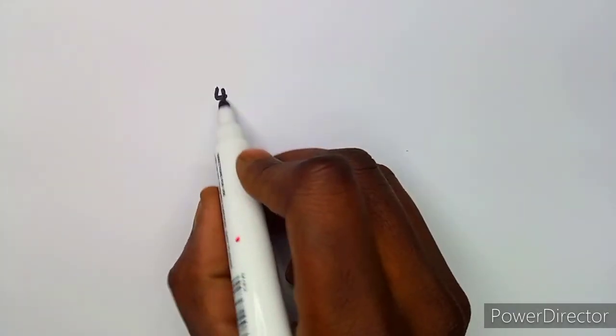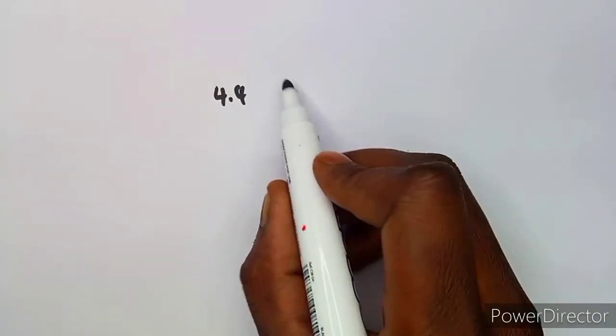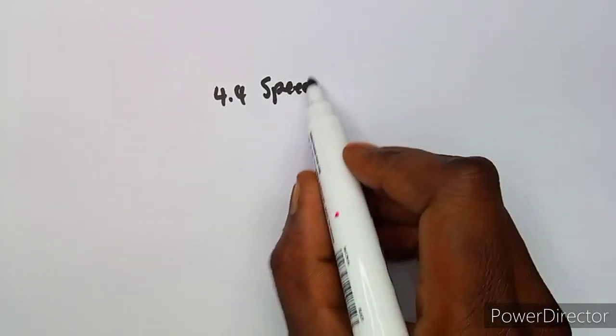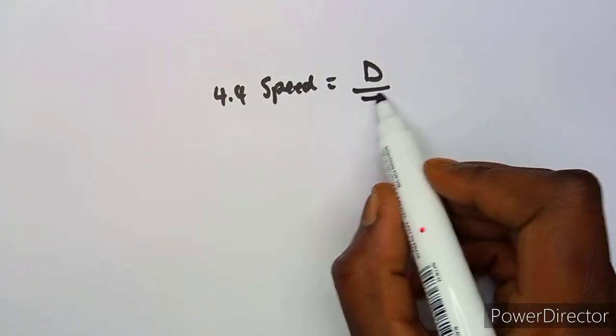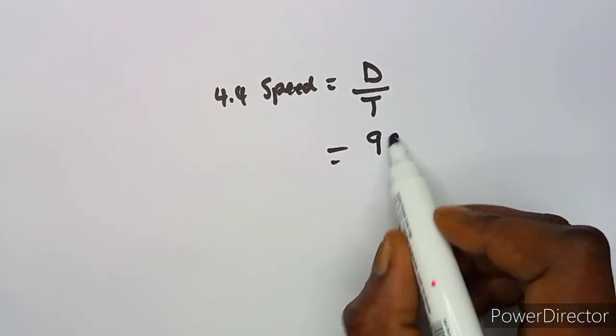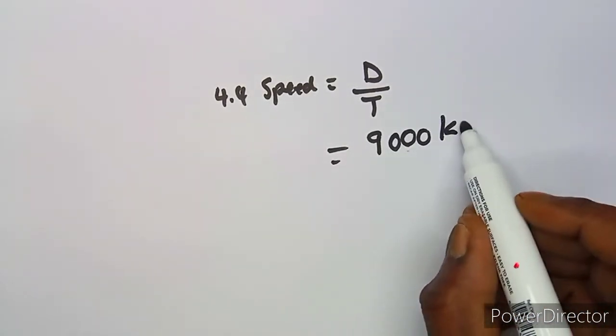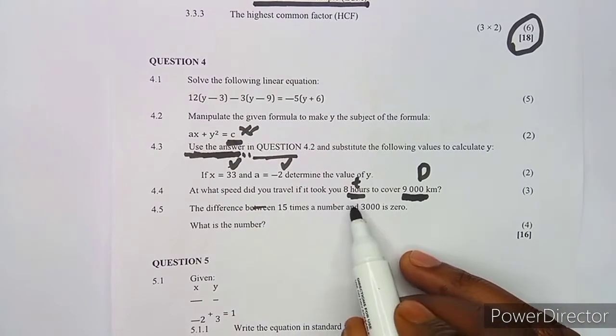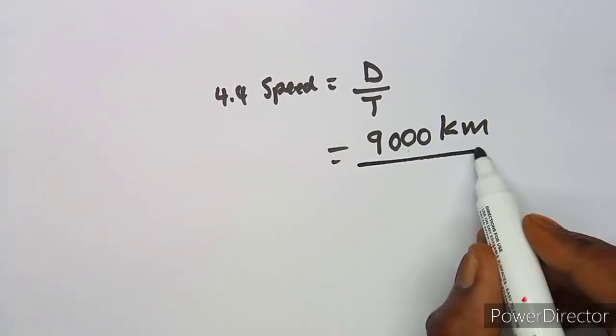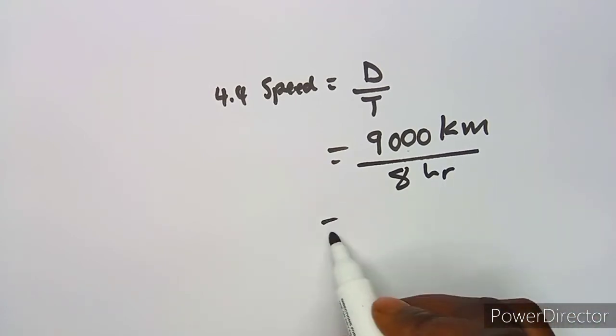Always, this one is not going to change throughout. So we've got 4.4 there, which is the speed, and it's always that speed is equivalent to distance over the time taken. We've got 9,000 kilometers over 8 hours.